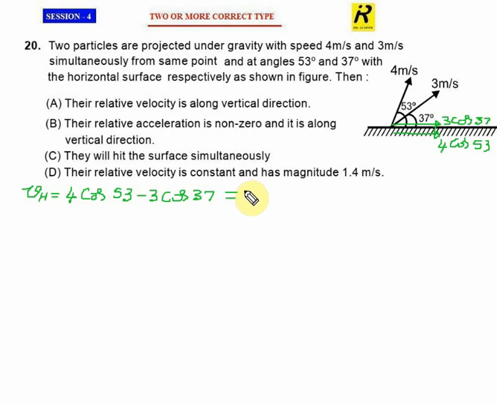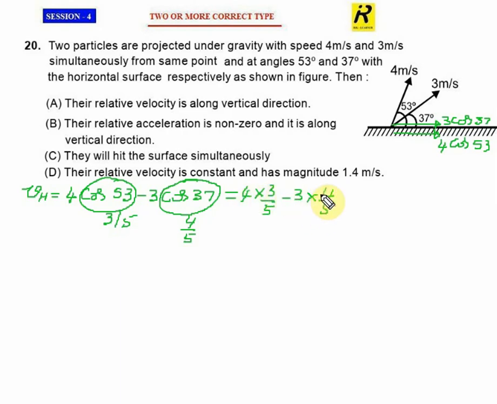What do we have to write for cos 53? It is 3 by 5. So cos 53 is 3 divided by 5, and cos 37 is 4 divided by 5. Now I write 4 into 3 divided by 5 minus 3 into 4 divided by 5.